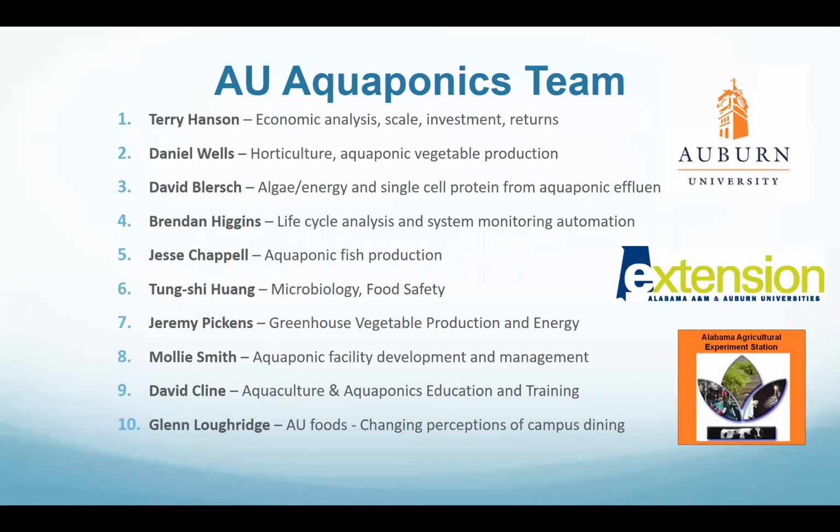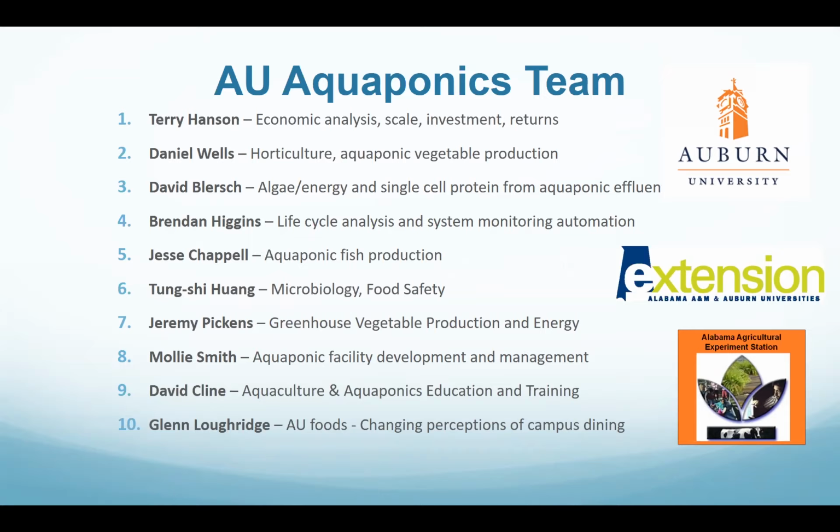And Brendan Higgins, he came on the project about 2 years ago. He's in ag and bioengineering as well. And he's leading a project right now on life cycle analysis and stoichiometry, the big mass equations of what goes in and what comes out, as well as looking at equipment to automate monitoring the system.